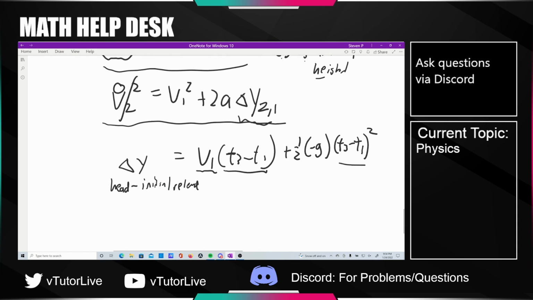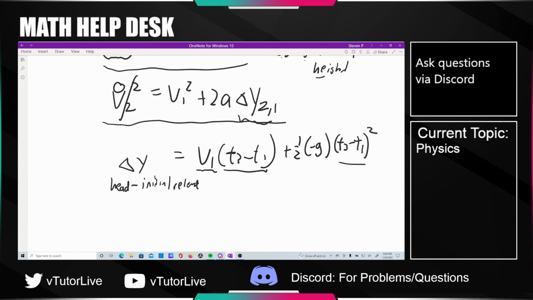For a problem like this, we're not given much information about when t1 and t3 happen absolutely. And the question only asks us about the relative difference between them anyways. So you can think of this as just another variable, delta t, and solve for delta t instead of t3 minus t1. You can do that as well.